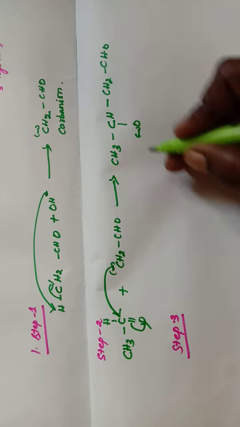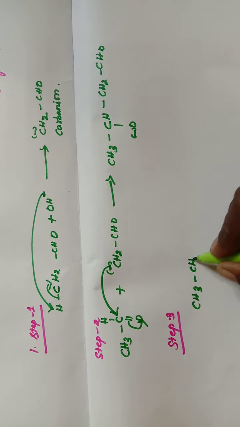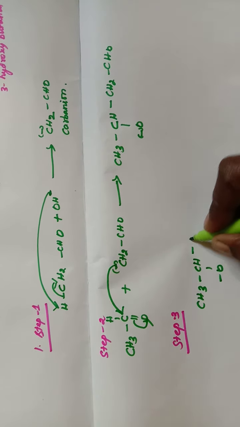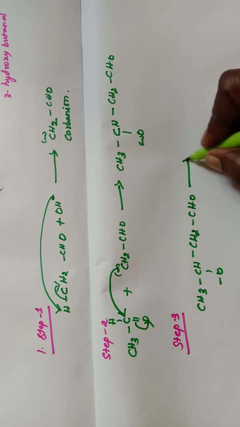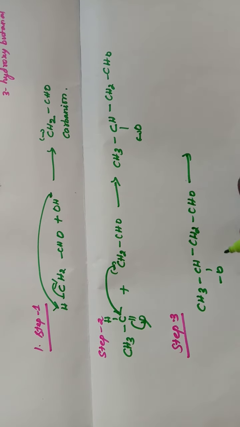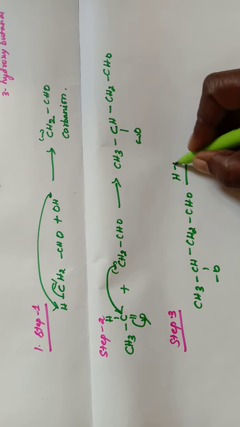In the third step, this alkoxide, that is CH3 CH O minus CH2 CHO, this is the alkoxide ion. Now this alkoxide ion gets protonated by water.